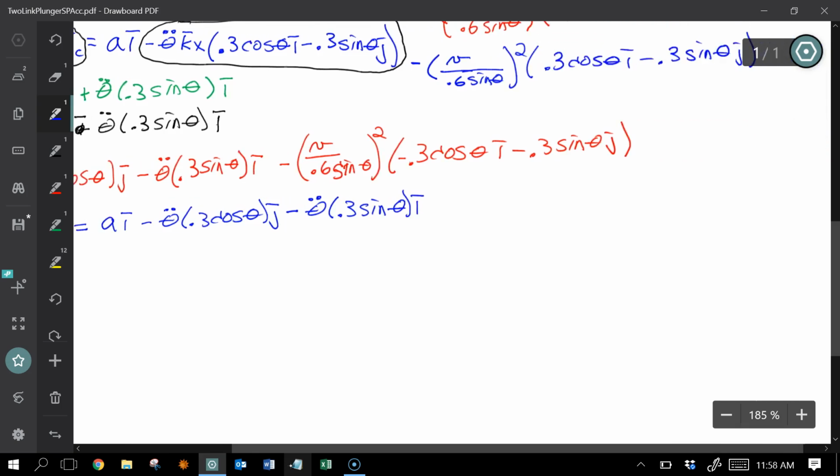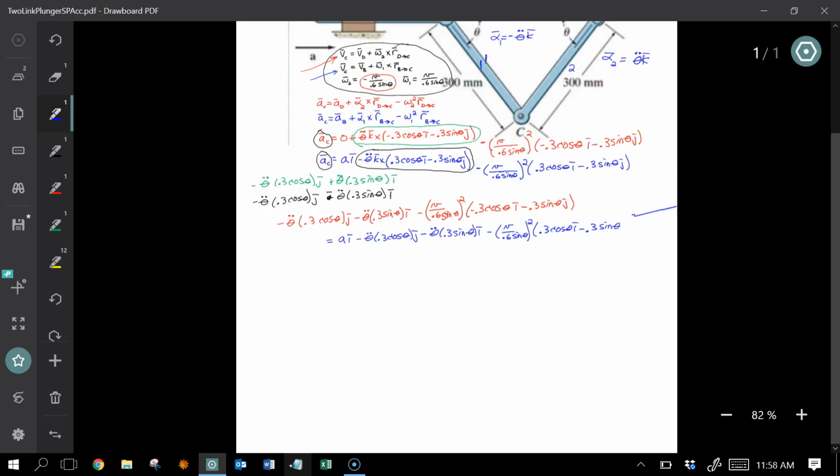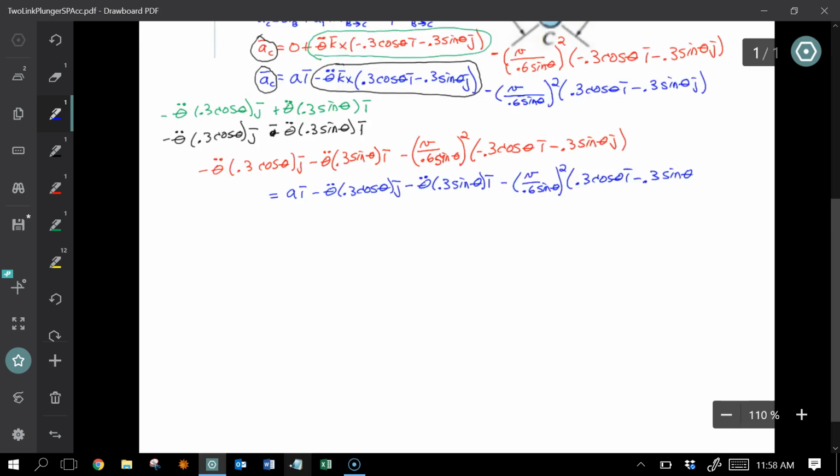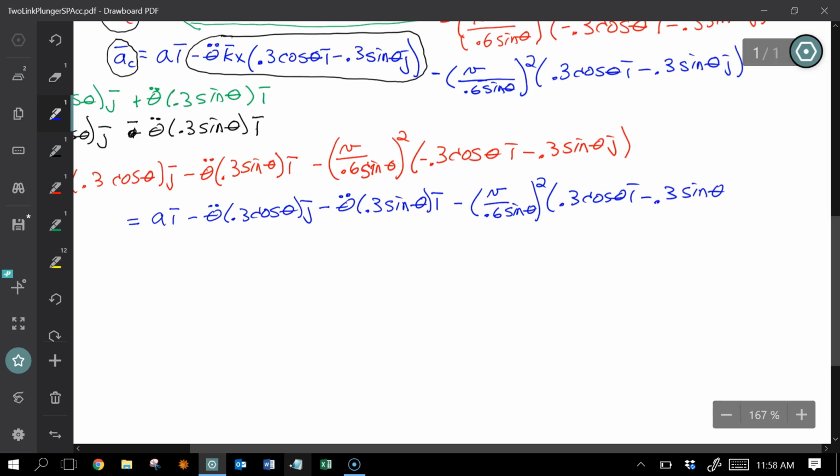Then I have all of these extra terms, all these blue things over here, minus v over 0.6 sine theta squared 0.3 cosine theta minus 0.3 sine theta j.